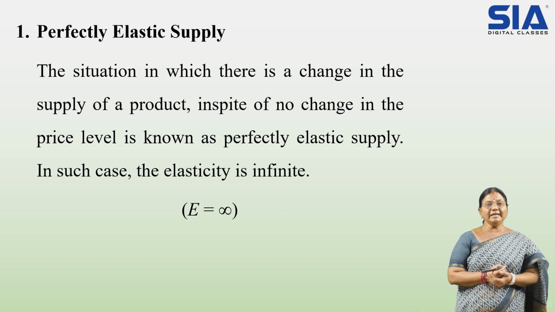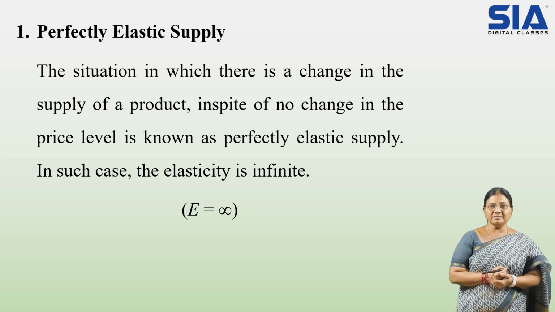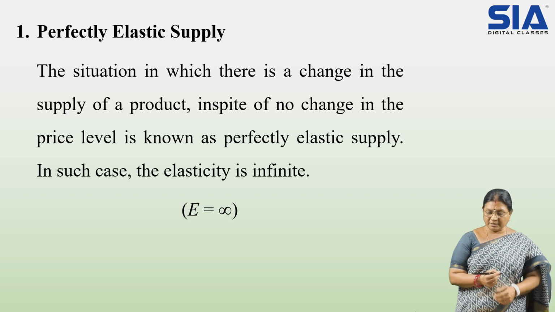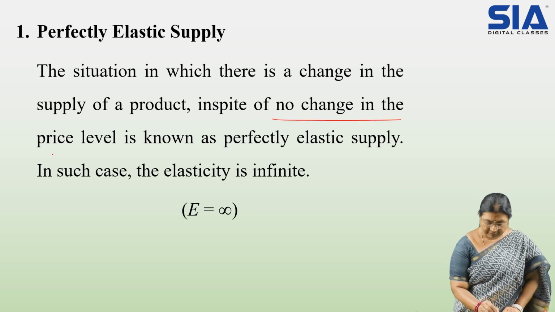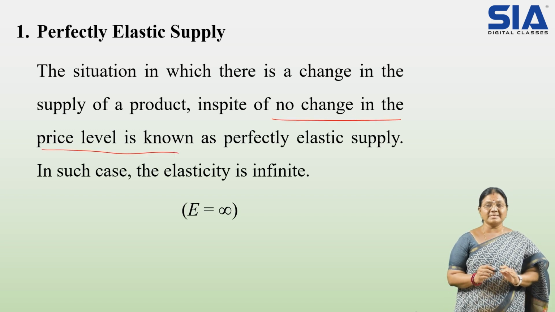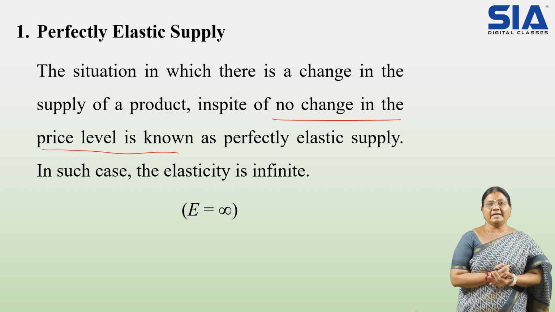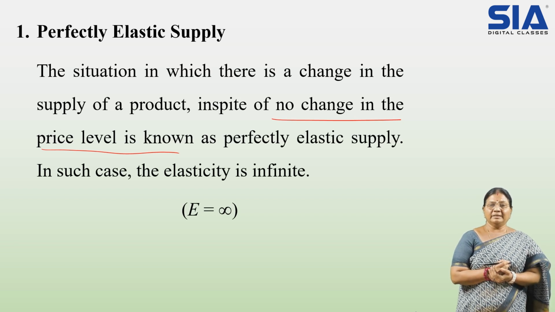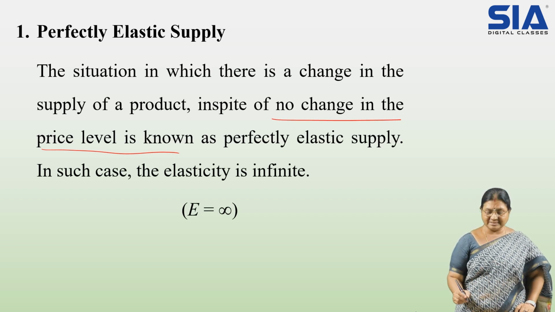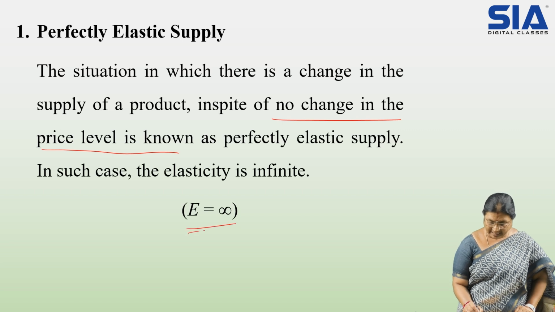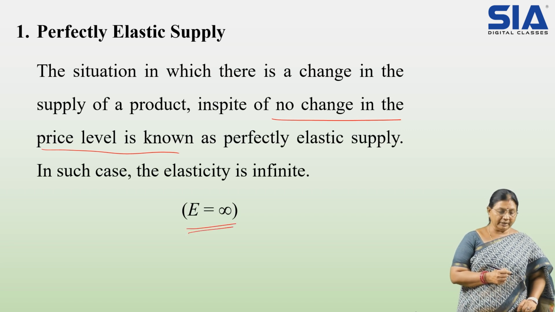Perfectly elastic supply is the situation where there is a change in the supply of the product even though there is no change in the price. When there is no change in the price, even then when the change in the supply is there, it is said to be perfectly elastic supply, which we call E equal to infinity.